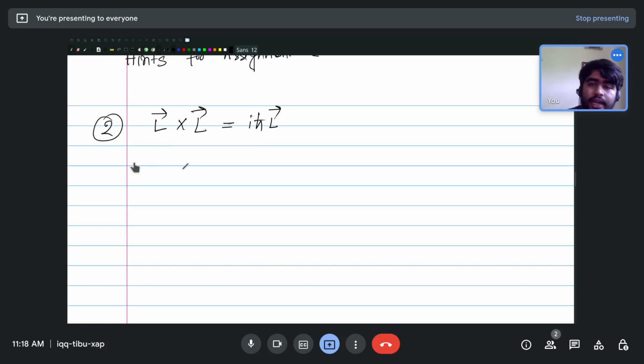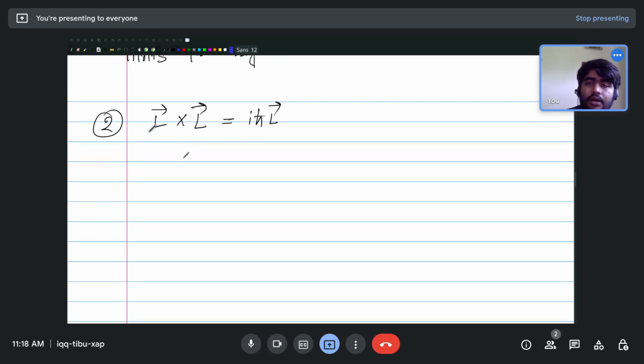Let's first look at assignment problem 2, which asks you to calculate these cross products. Normally when you do vector algebra, we know that if we do a cross product of a vector with itself, then the resulting vector is 0. But this may not be true for quantum mechanical operators.